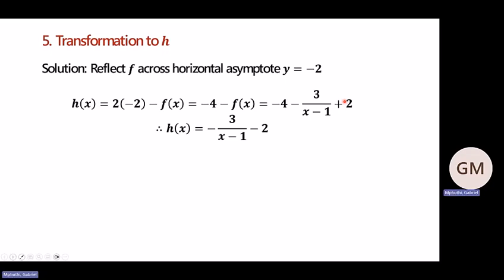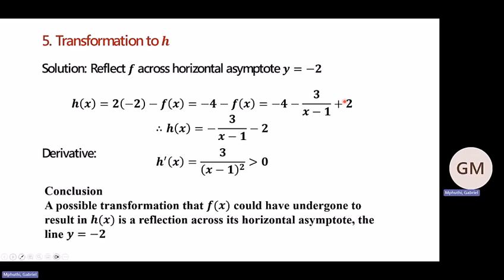When you find the derivative of this function, it is going to be 3 divided by x minus 1 all squared, because we are squaring that denominator.